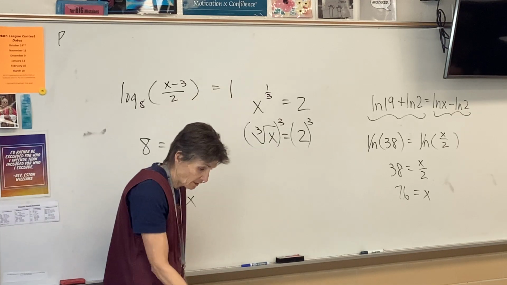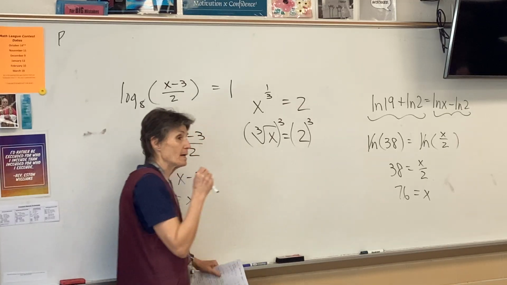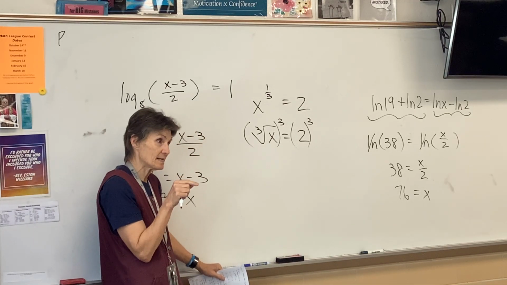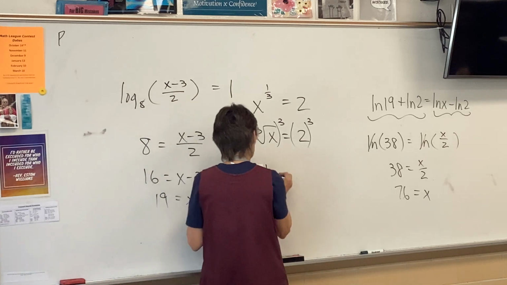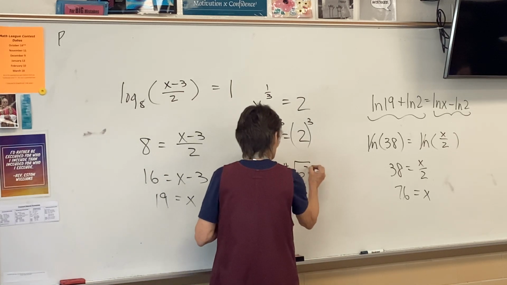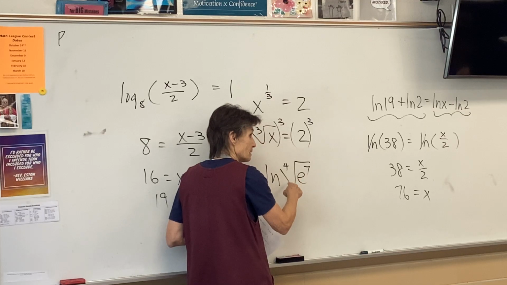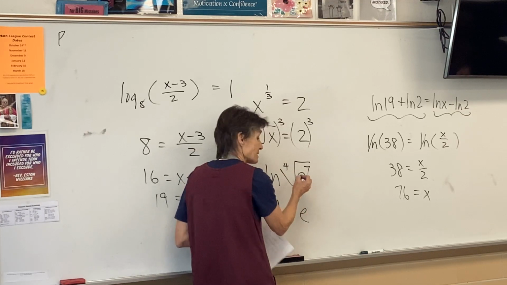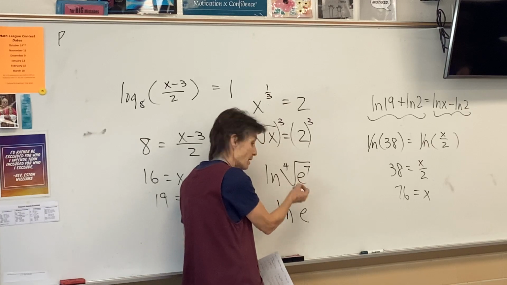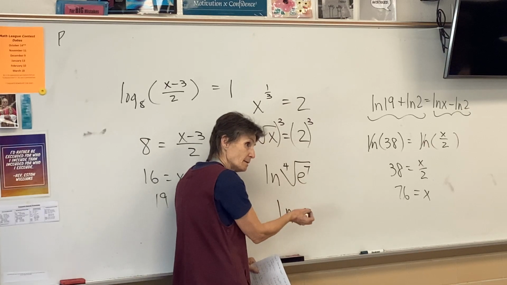Okay, and the last one, now, this problem has an ln and an e in it, but they aren't in direct contact. You see that there's something in between. This is in between. So maybe we should write that radical as a fraction. Then they will be touching and I can cancel them.